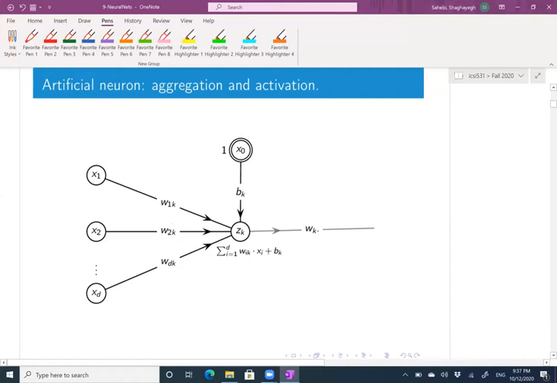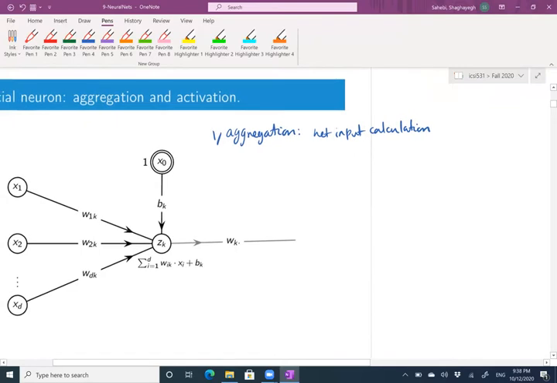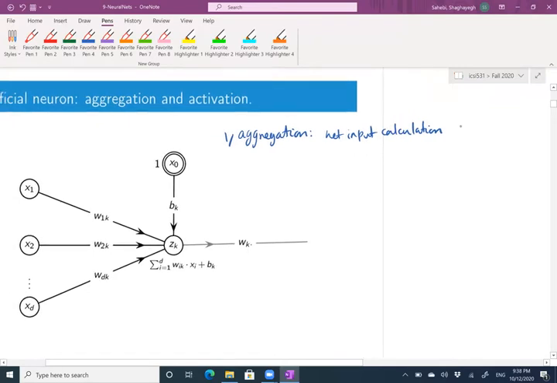So first we do an aggregation, and in aggregation, what we are doing is that we are calculating a net input, right? Which is basically this linear combination calculation, which is W transpose X, right?